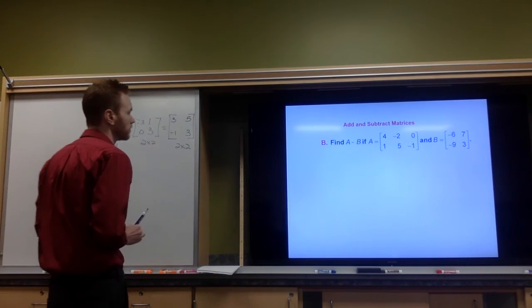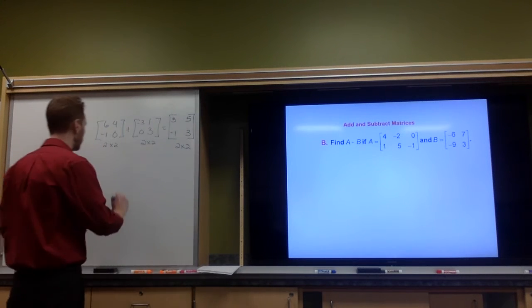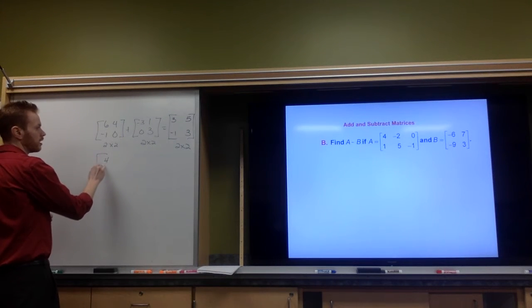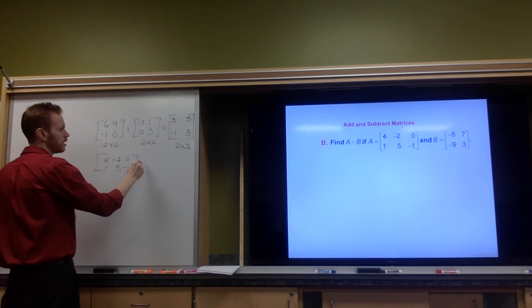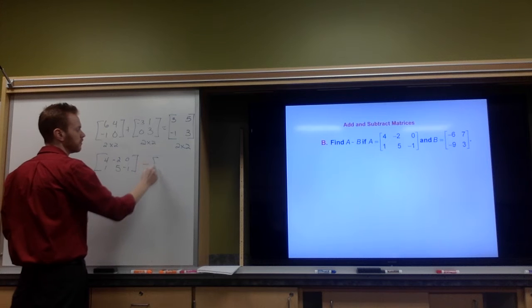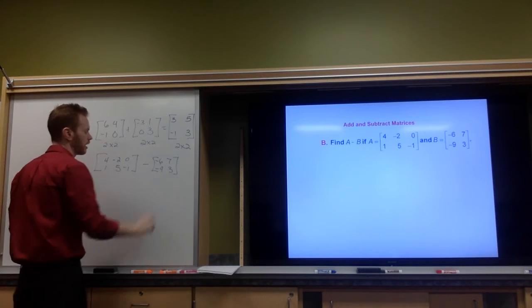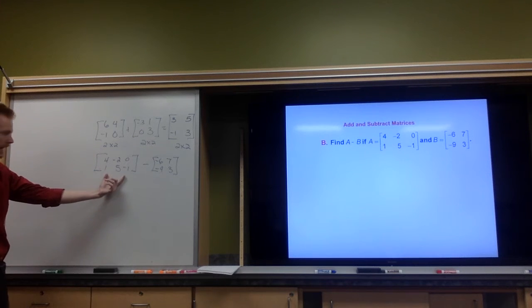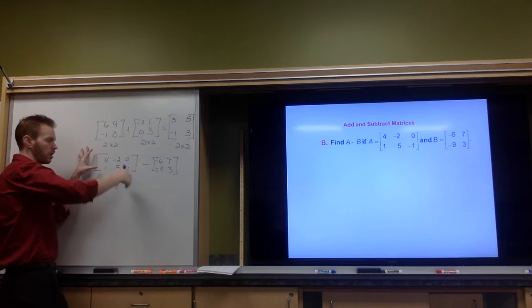All right, next example. We have matrix A and matrix B. Now, notice something here. I'm going to rewrite it over here. And we're going to subtract them. Okay. The size of this guy is a 2 by 3, 2 rows, 3 columns.